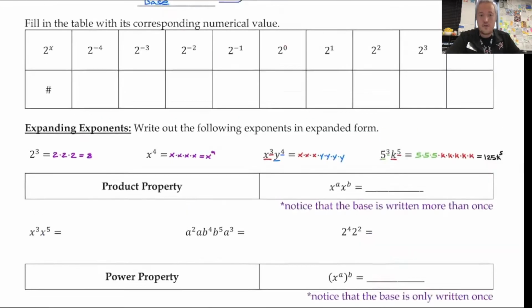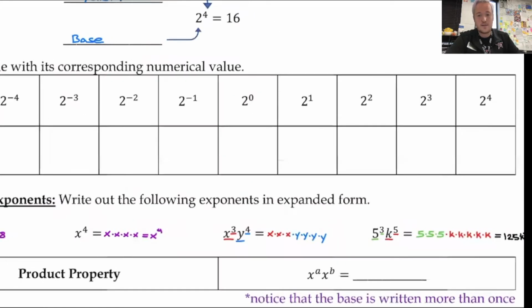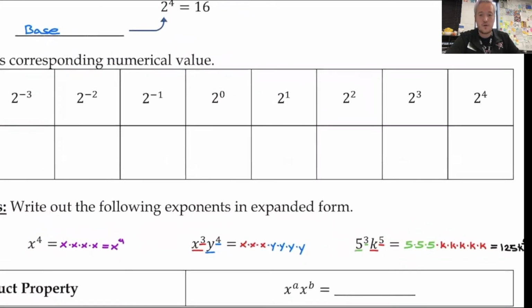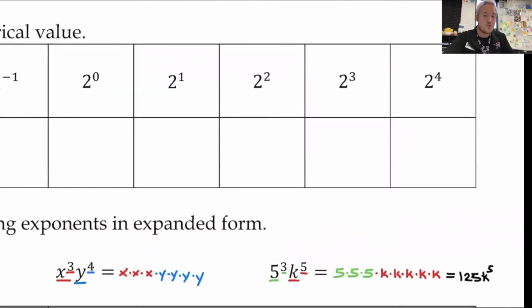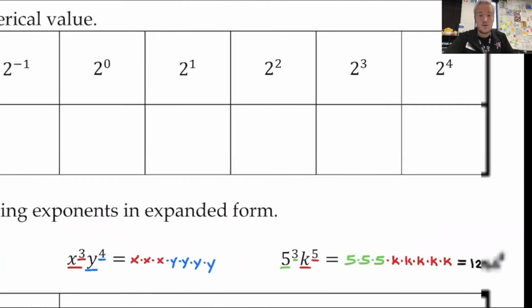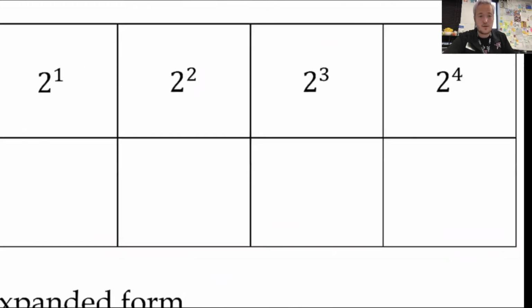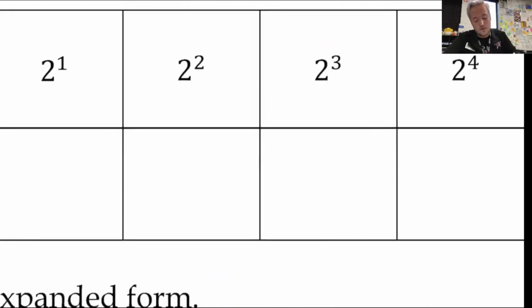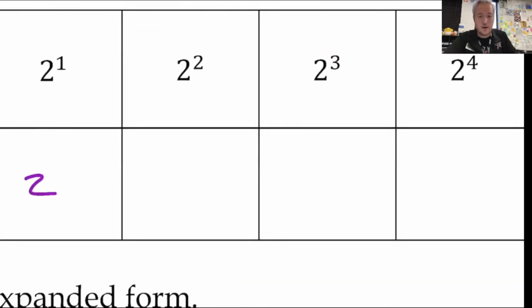Okay, so now looking at exponents, we're going to make sense of what's happening with just the rules in general. We're going to be looking at several different rules, but we're also going to talk about what negative exponents are and what they mean. So we're going to start over here with these positive exponents. If I have 2 to the first power, that's just 2 written out once.